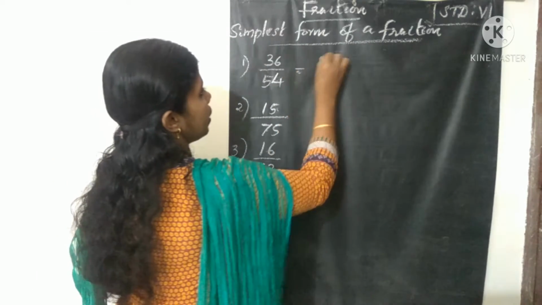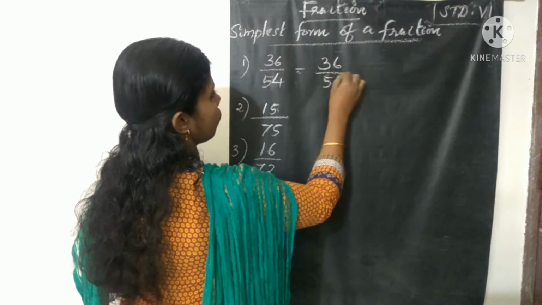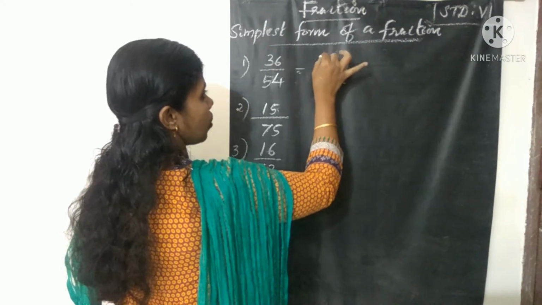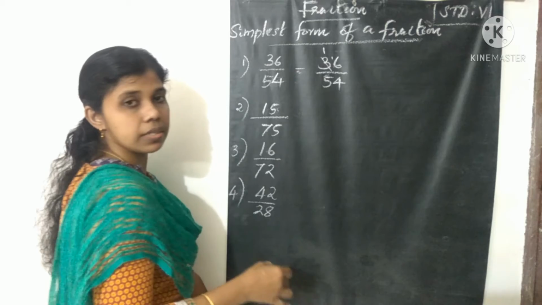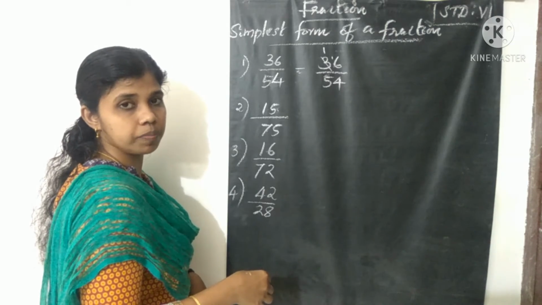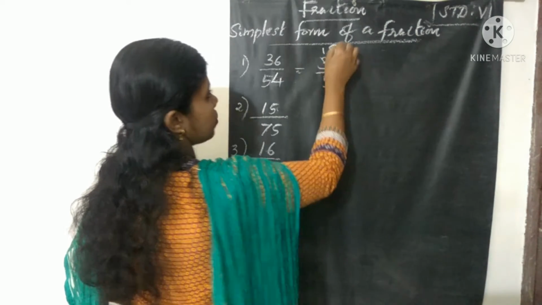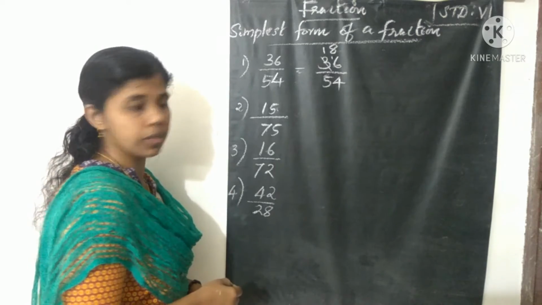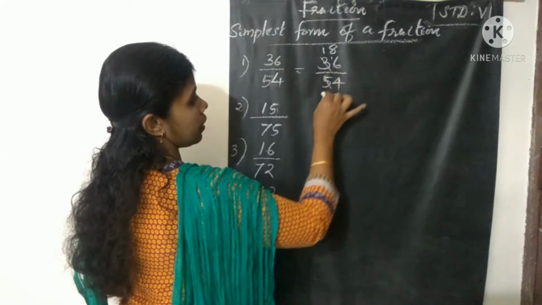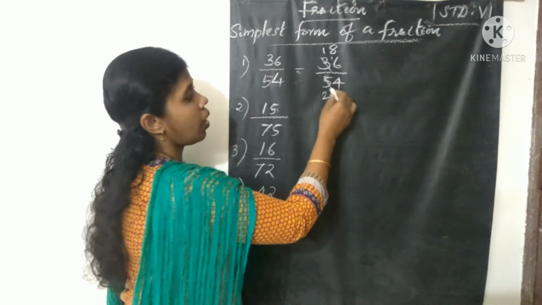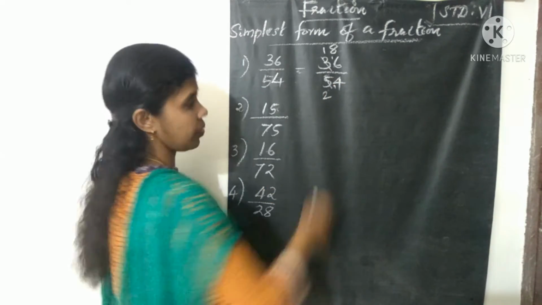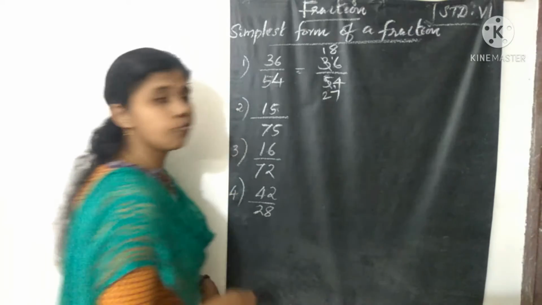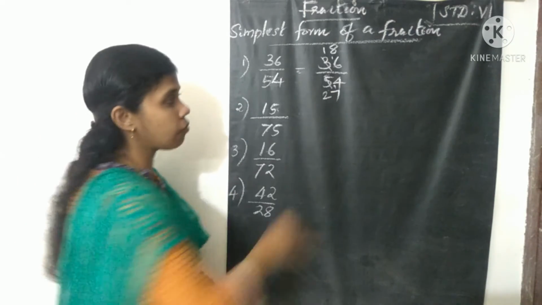So 36 by 54 is divisible by 2. 1 into 2, 2. Then 1 balance, that is 16. 16 contains how many 2's? Yes, 8 2's are 16. Then 5 contains 2 into 2, 4. 1 balance, 14. 14 contains how many 2's? 7 2's are 14.